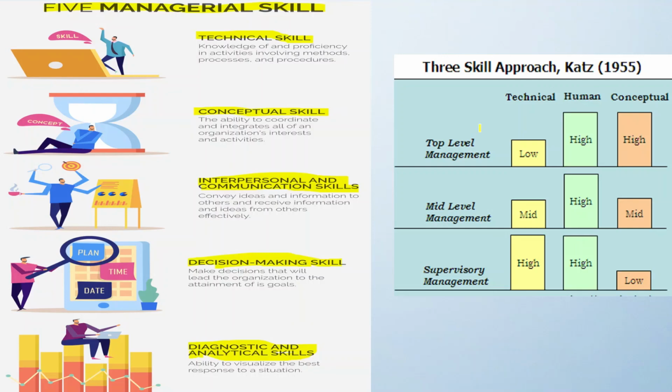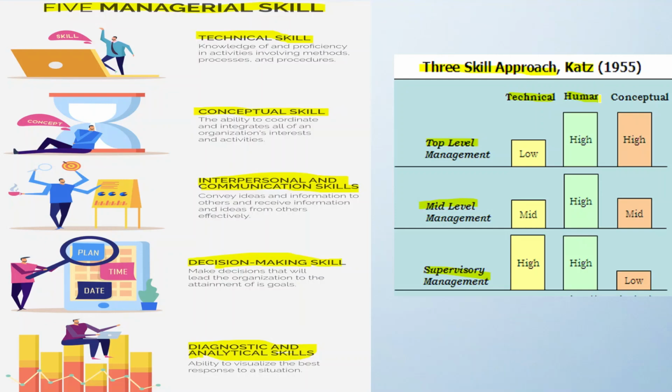Then came Katz. Katz in 1955 gave 3 skill approaches, management skill approaches, which is applicable in all levels of management, that is top level, middle level, and supervisory level as well, that is lower level. In top level, it says there are 3 approaches. One is technical, another is human approach, another is conceptual approach.